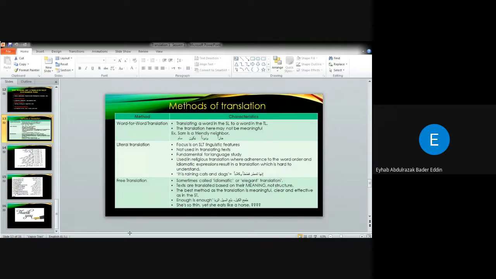Like for example, enough is enough. We translate it as طفح الكيل أو بلغ السيل الزبر. Okay, I cannot endure that anymore. Enough is enough. It means طفح الكيل. Things are boiling over. This is another expression that you might be using.